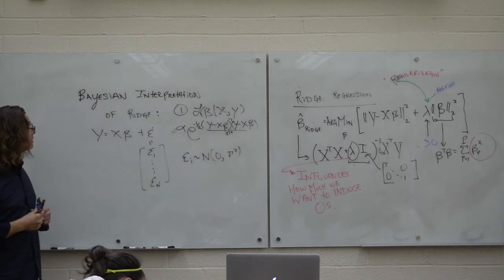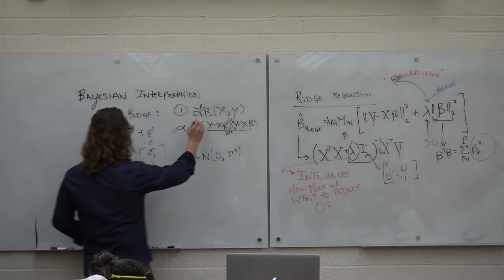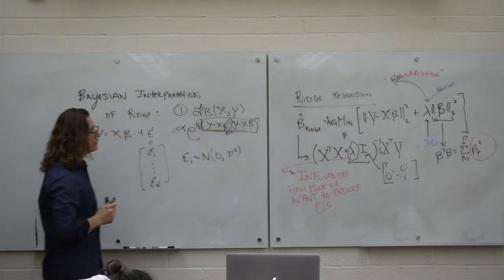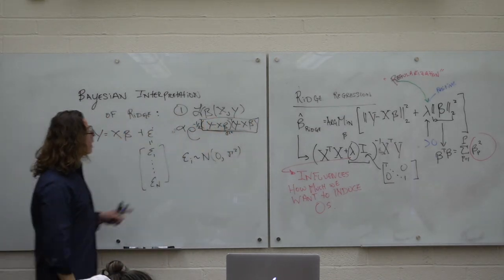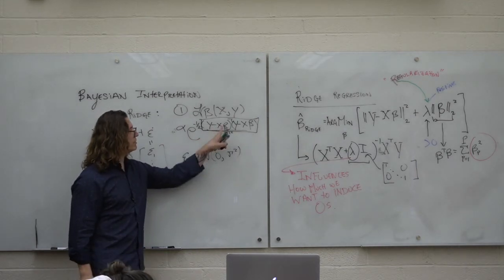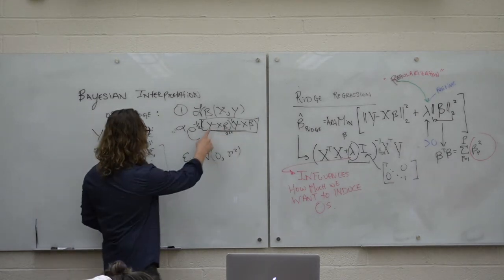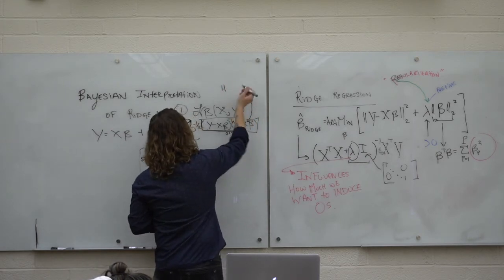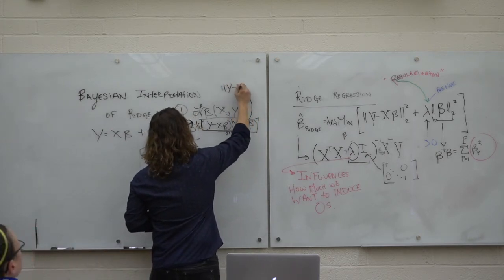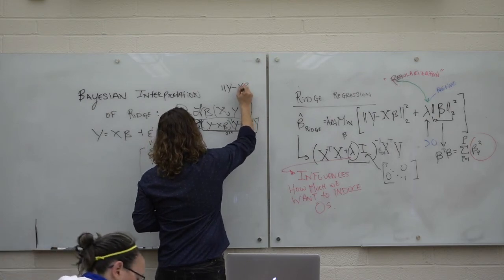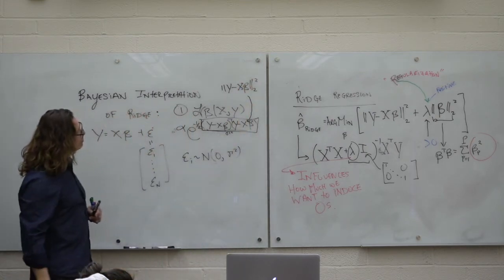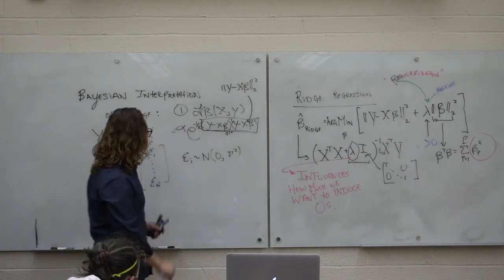You'll notice that this function right here, we've already seen. When we did the optimization, we were optimizing this 2 norm right here. So this thing looks just like y minus x beta in the 2 norm squared.